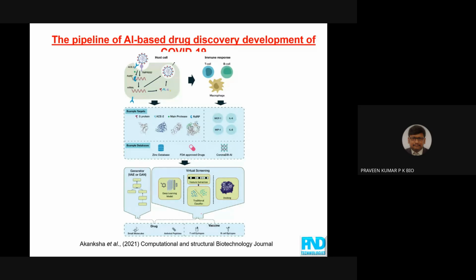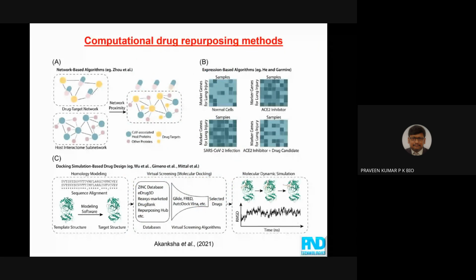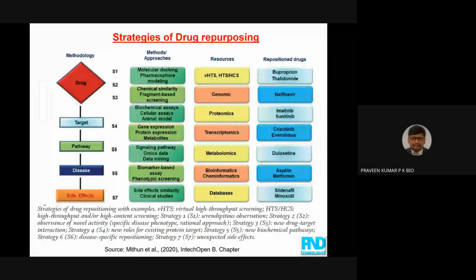All these things are published here. We can develop any kind of pipelines with AI for any kind of diseases and disease targets. All these things are examples of how we can use artificial intelligence.